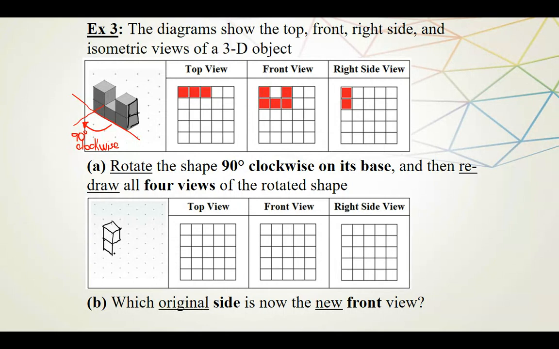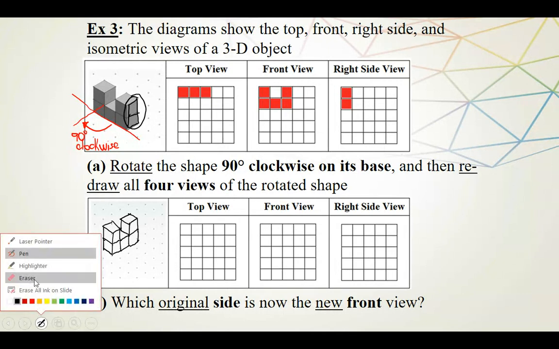And what happens is, okay, now we go over here, go up, okay, go across like that, and then go down, and a little line right there. Okay, so now that's right, because now this right side view is now the front view over on that side.